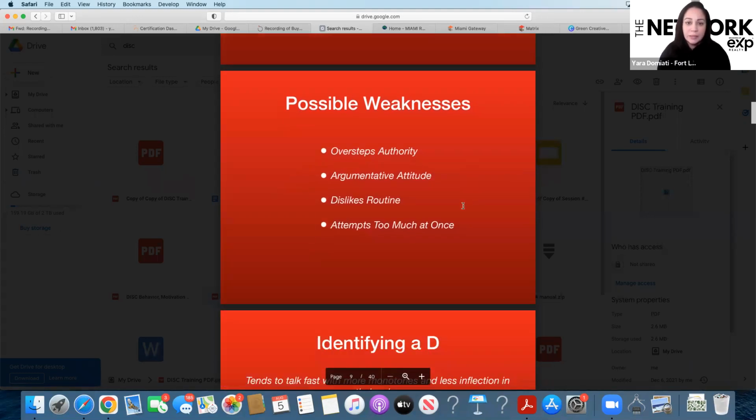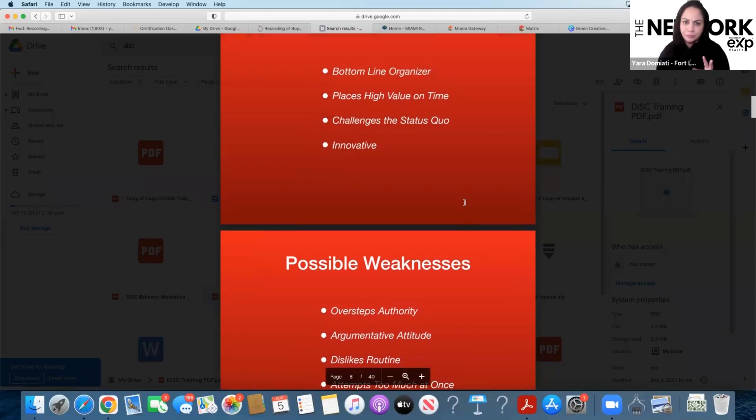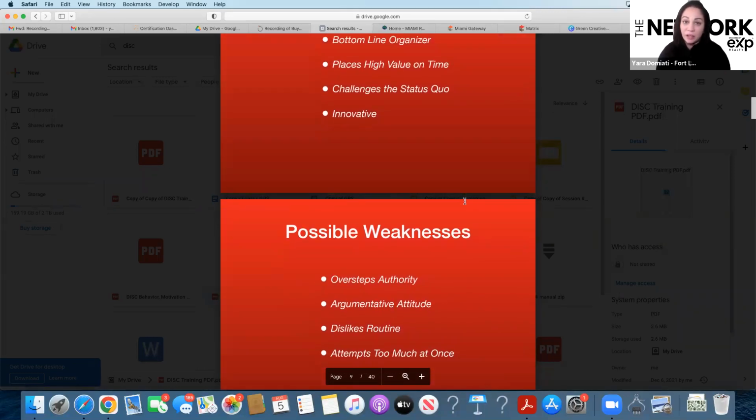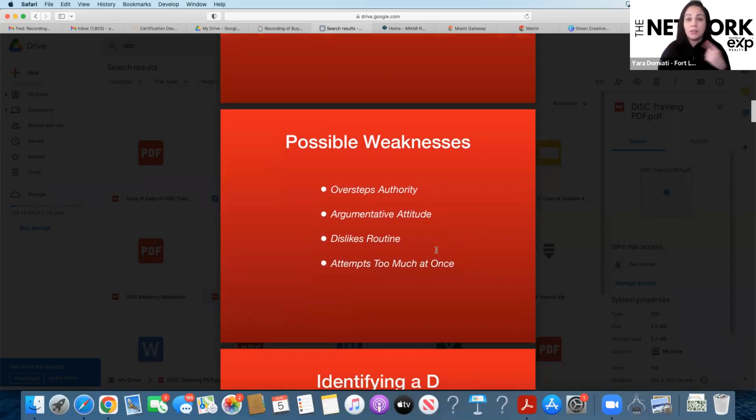Their possible weaknesses are that they overstep authority. They're argumentative sometimes, most of the time. They dislike routine. So although they place high value on time, they don't like routine. So they like constant change.